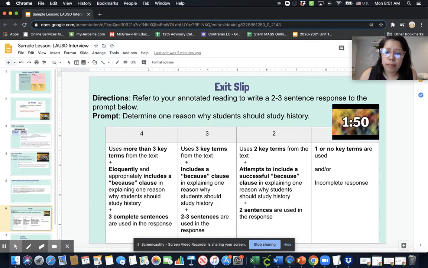Yes. Right now, we're only using 2 key terms. That would be a 2 on the exit slip. You could use this other term that you have bolded, and that would move your response to the 3. So go ahead and shoot for that. The more key terms, the better.